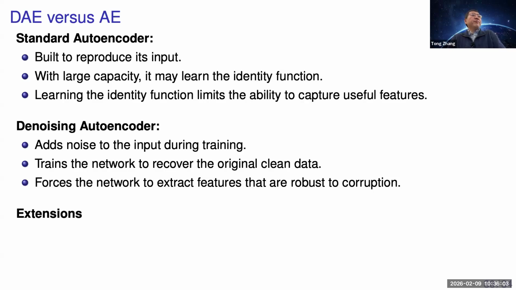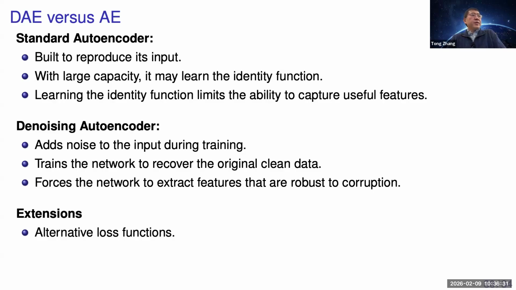This forces the network to extract features that are more robust to the corruption. Depending on the kind of corruption you want to put into your noise, you can learn different things. For example, you can shift a bit, or do other things, so then it's robust to a different kind of corruption. But adding Gaussian noise is pretty typical, right?